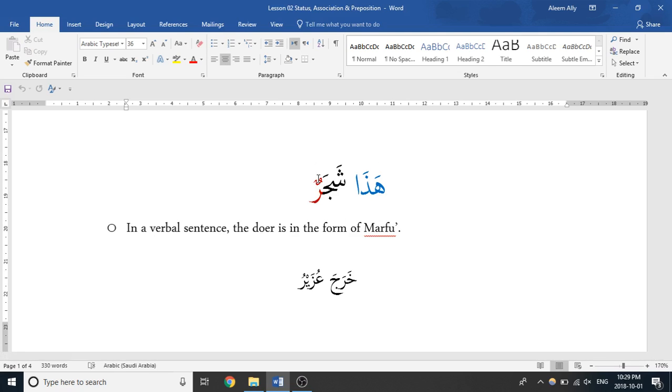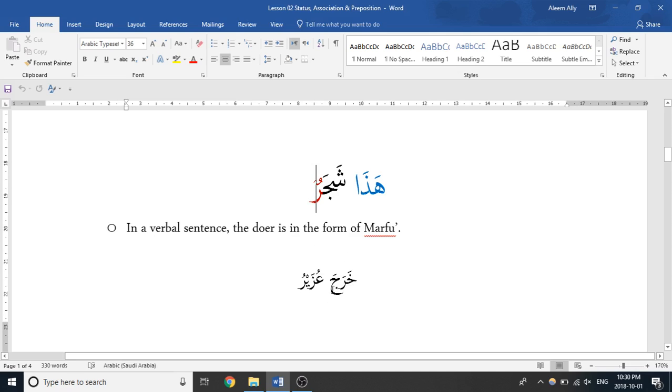That literally just means a noun that's in a state of rafa, right? It's called marfu'. So when a word has rafa and it's coming after a verb in a verbal sentence, that usually means it's the doer. That's what it serves as.